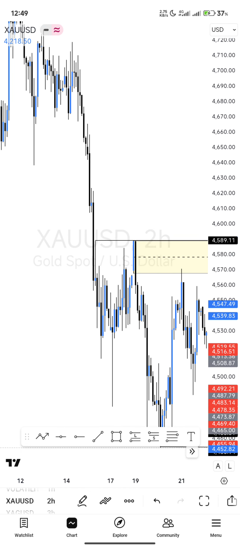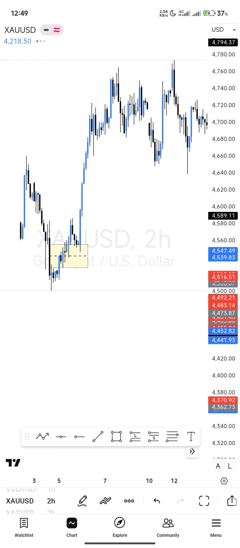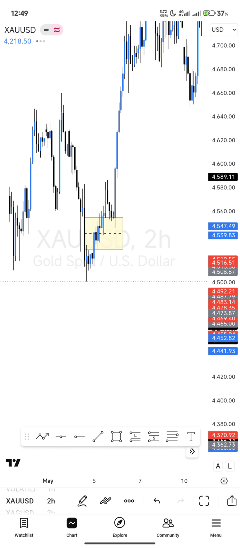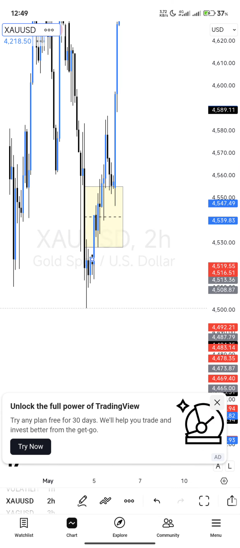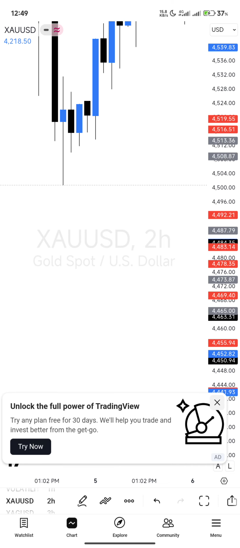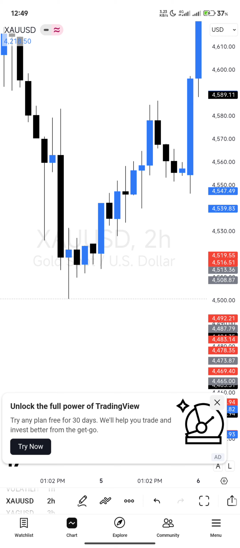All right, let's look for another example of an order block. Okay, so this is a very practical example. Let me take this out. Do you notice that we have this low?